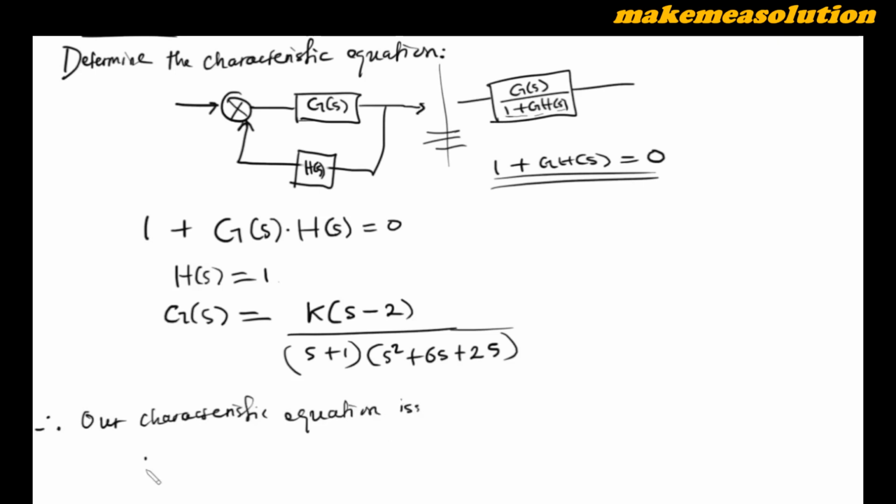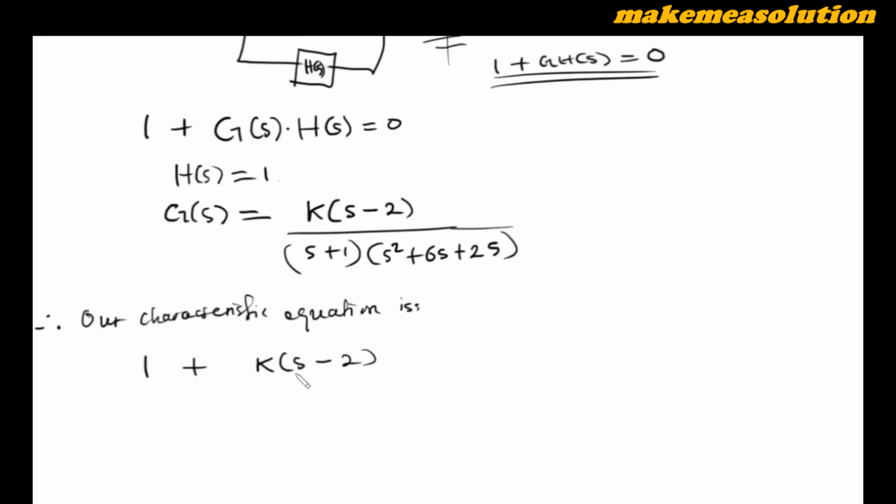We have 1 plus g of s times h of s, which is 1 plus k into s minus 2, divided by s plus 1 times s squared plus 6s plus 25, equal to 0.